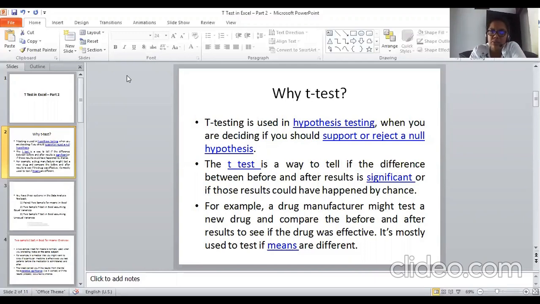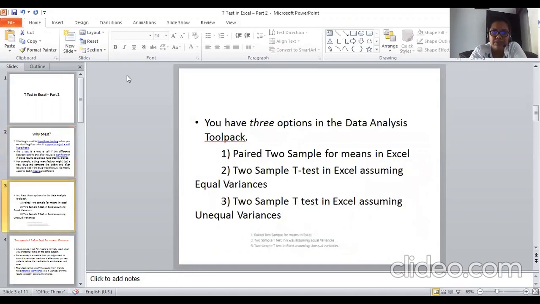To check whether this drug is effective, we can test the pressure level before the consumption of the medicine and after. By comparing the two samples, you can see whether there is a significant difference between the means of the blood pressure of the 10 patients. That's one example where you can use this t-test.